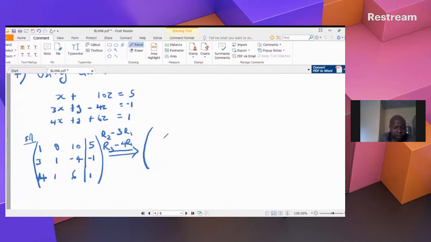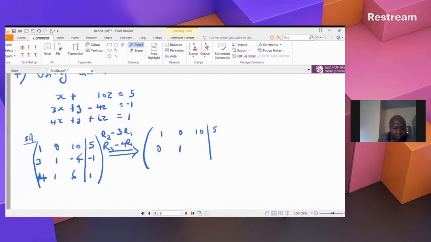So what we get, row 1 remains what it is. This is 5. So 3 minus 3 multiplied by 1, that is 0. 3 multiplied by 0 will be 0, subtracted from 1, that would be 1. 3 multiplied by 10 will be 30.